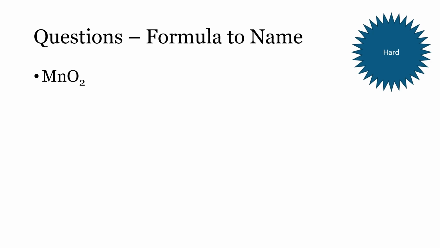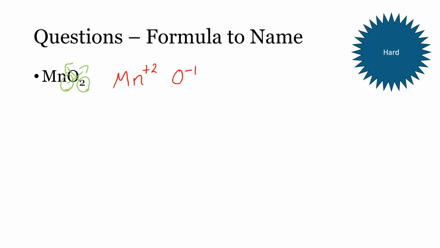So our invisible 1 has to go back up to the oxygen, and the 2 will go up to our Mn. And so what we would think is that this is Mn with a +2 charge and the oxygen with a -1 charge.